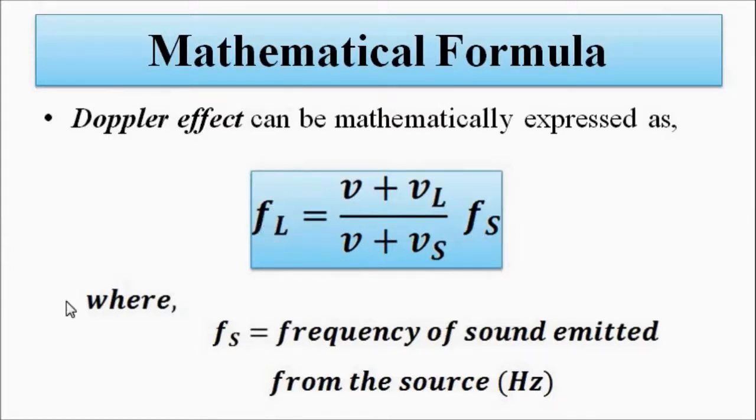Then FL is the frequency at which it reaches the observer or the listener, and V is the velocity of propagation of the electromagnetic waves in the medium in which it is traveling, normally air. And VL is the velocity of the listener, and Vs is the velocity of the source.